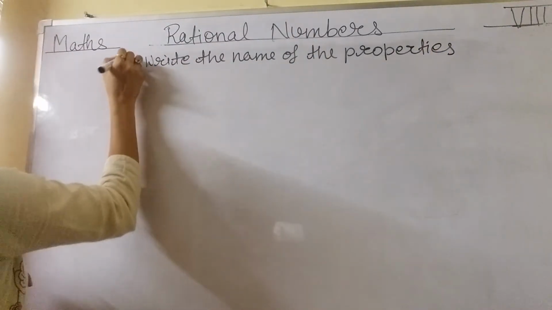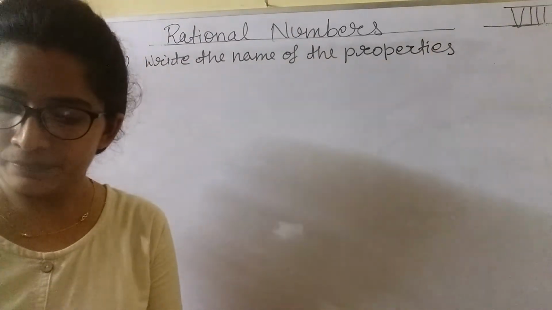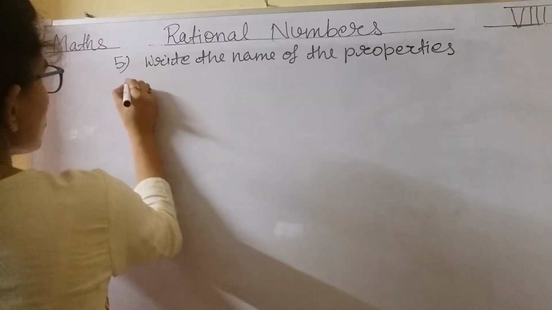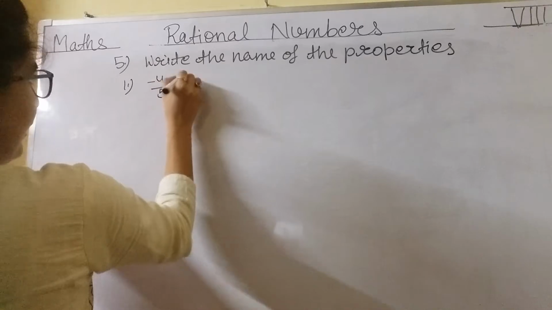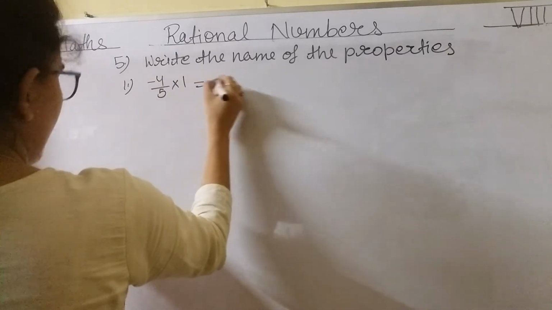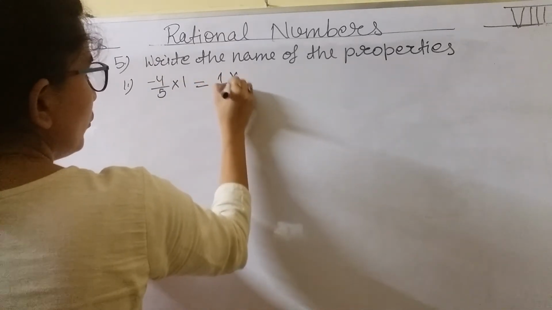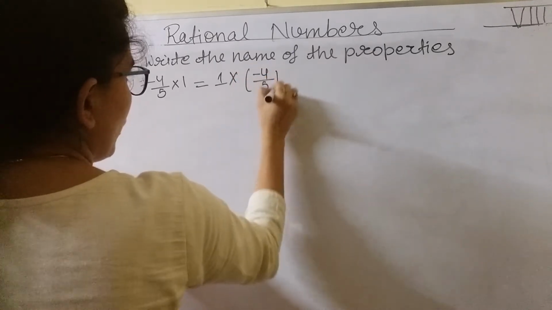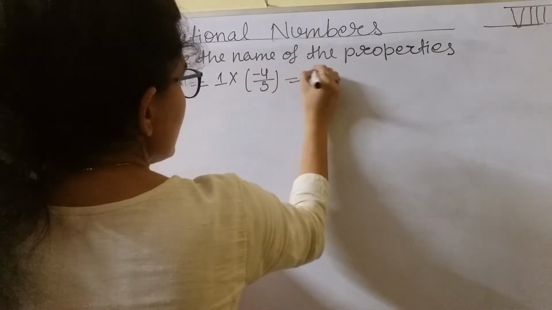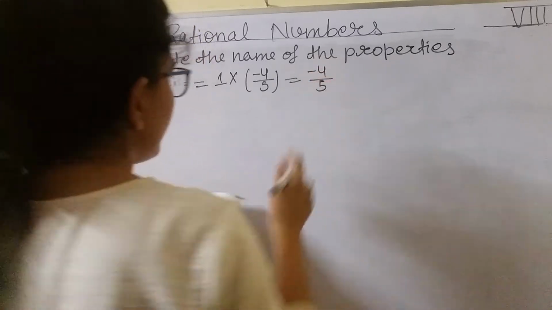That is question number 5, chapter 1. The first question is minus 4 upon 5 into 1 equals to 1 upon 1 multiplied by minus 4 upon 5 equals to minus 4 upon 5.